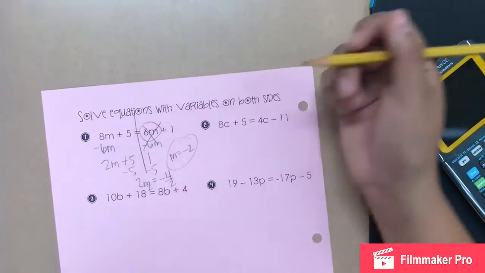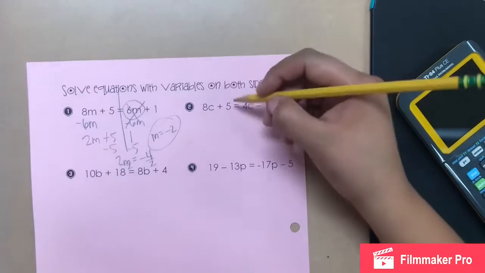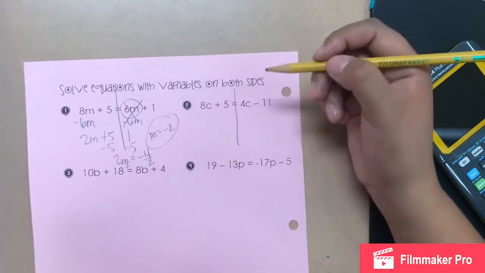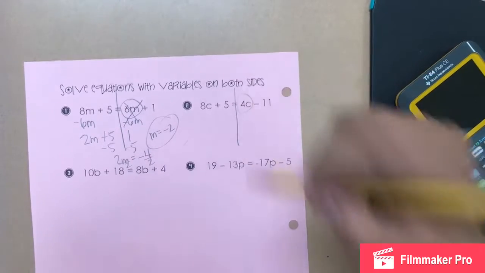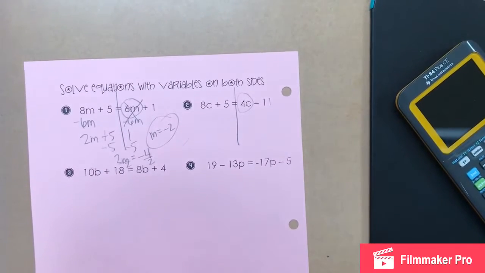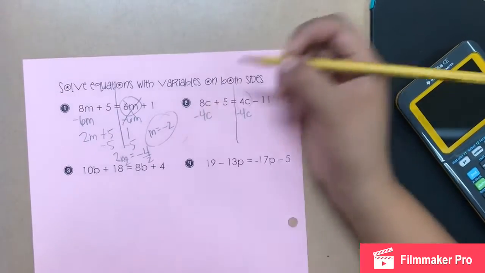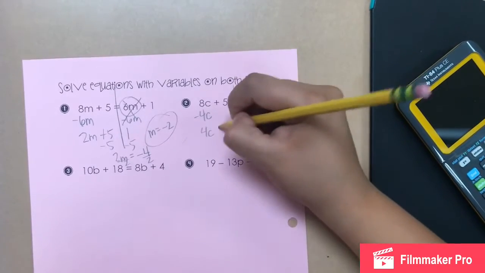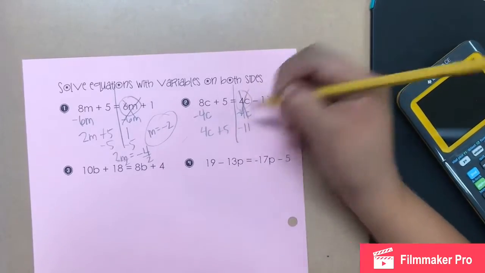Okay, so it's not one of the special cases. I don't believe any of these are, to be honest. So this is just more practice with solving equations. If I look on this one, there's nothing to distribute, there's nothing to combine. So I'm going to move positive 4c to the left by doing the opposite, which is minus 4c. 8c minus 4c is 4c plus 5 equals, the 4c's cancel, equals negative 11.